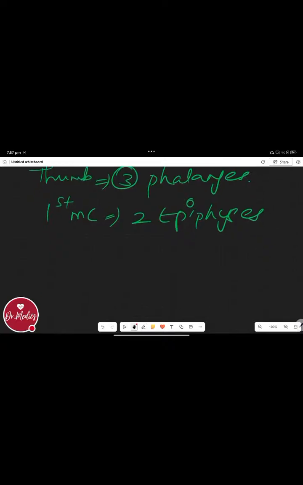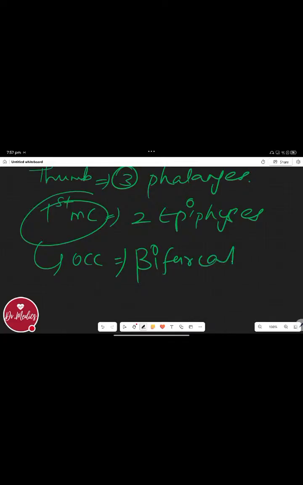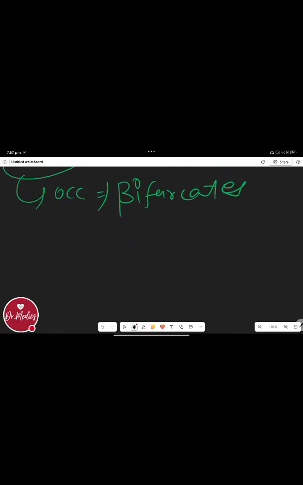Occasionally, the first metacarpal bifurcates distally.